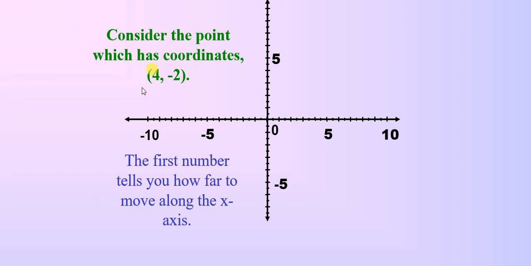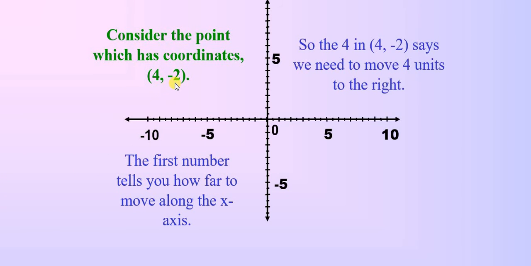Consider the point which has the coordinates (4, -2). The first number tells you how far you move along the x-axis, so there, 4. So we move 4 units to the right because it is the location of the point which has the coordinates (4, -2). So we start from the origin and count 4 units to the right.